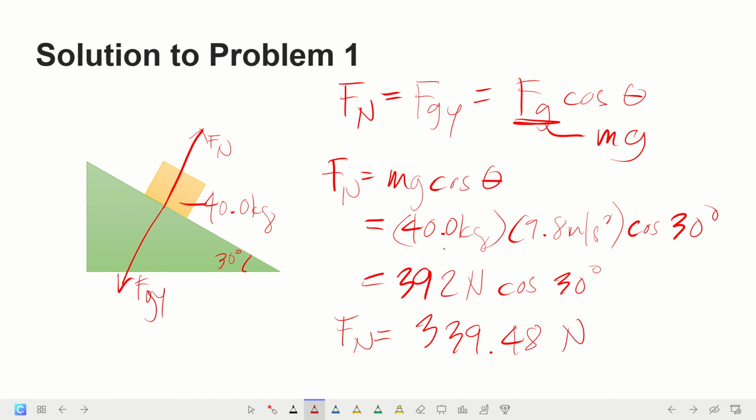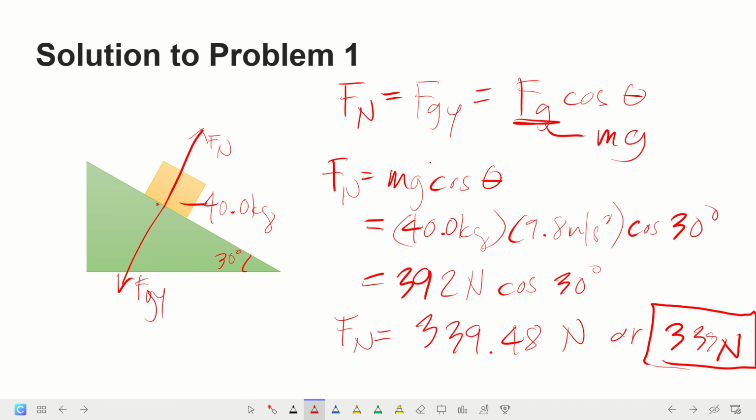Or approximately 339 Newton. So, this would be our final answer. So, the normal force or the force exerted by the ramp, by this surface to our object is 339 Newton.